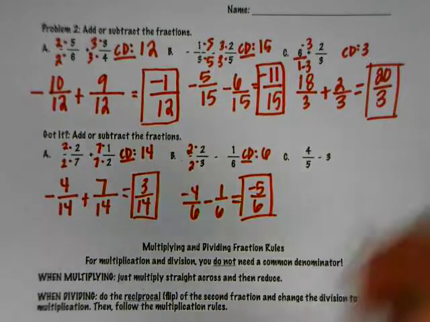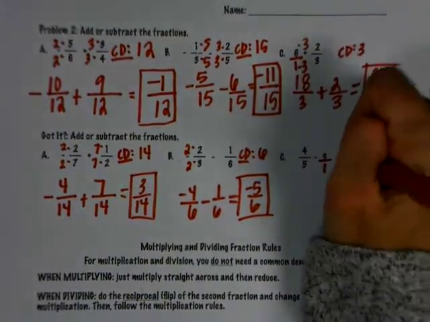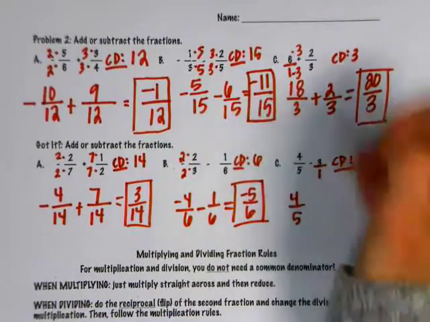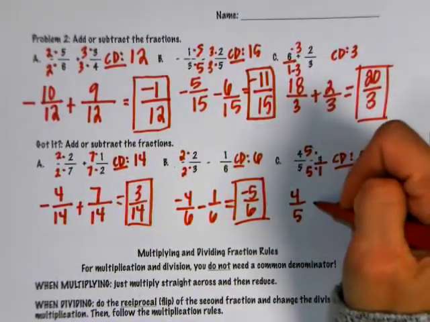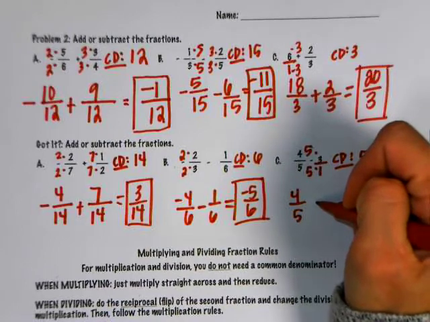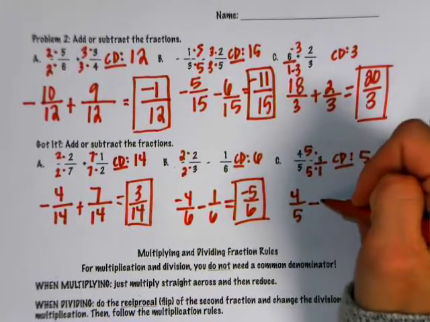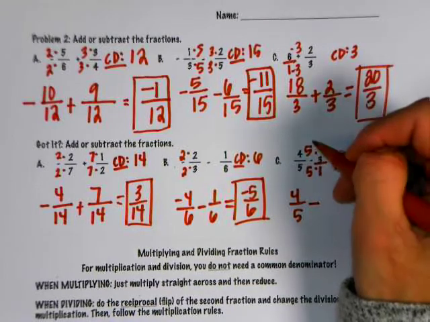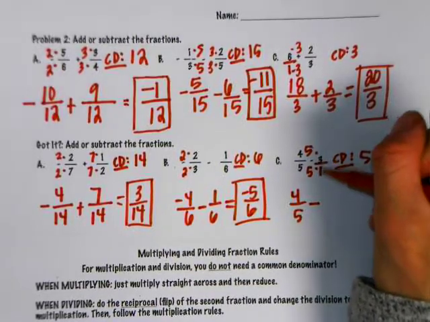All right, and then on this last one, put it under 1, or over 1, I guess. And then what's the common denominator you guys used? Yep, 5. So that's going to say 4/5. Minus... Oh, this over 1 is what's killing me.